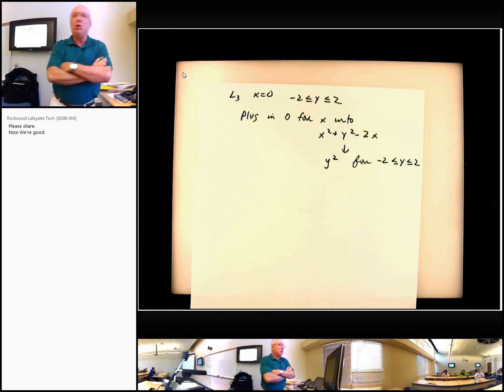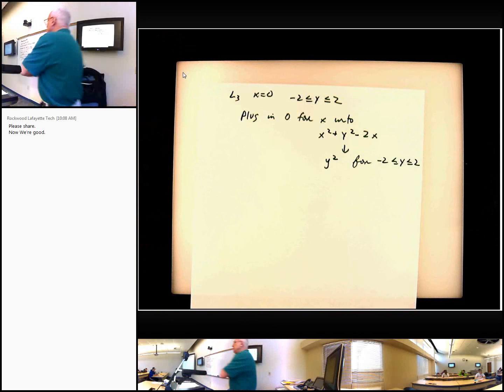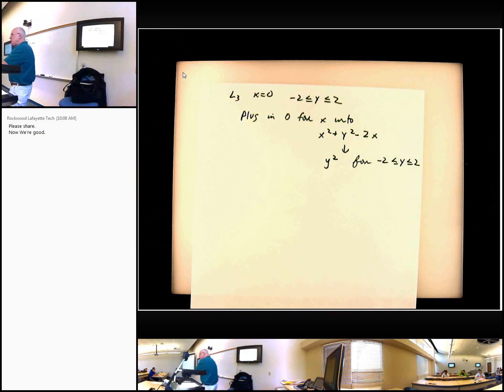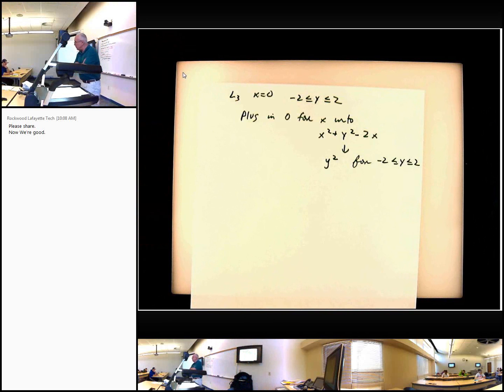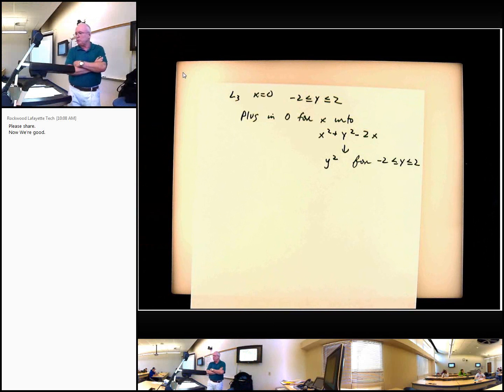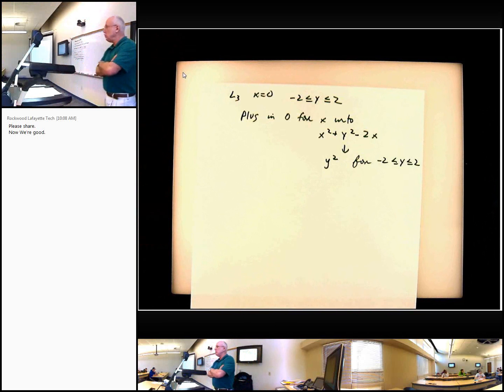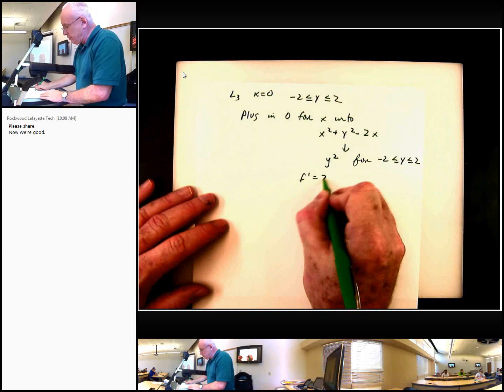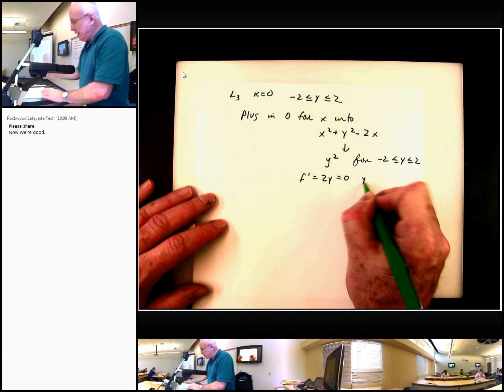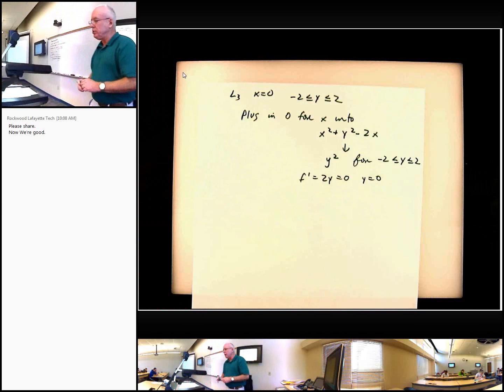Okay, now with this one, we certainly can do the whole formal thing of getting the critical point. What would be the derivative here for the critical point? 2y, right? So our f prime is 2y. We set it equal to 0, and that only occurs when y is equal to 0.